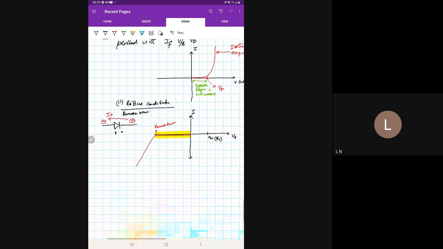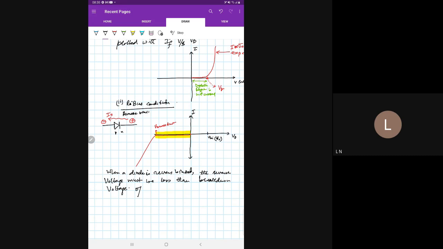And we have to ensure that when a diode is reverse biased, the reverse voltage must be less than the breakdown voltage, because after the breakdown voltage the diode gets damaged.